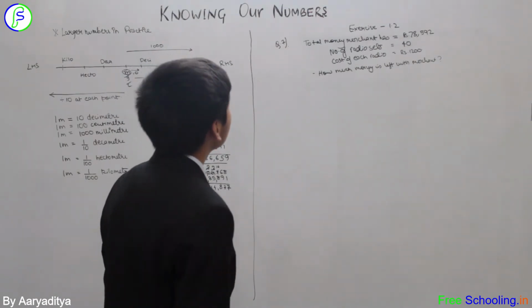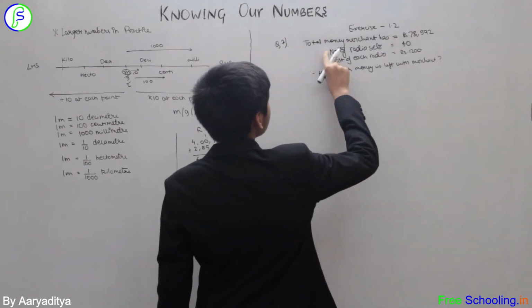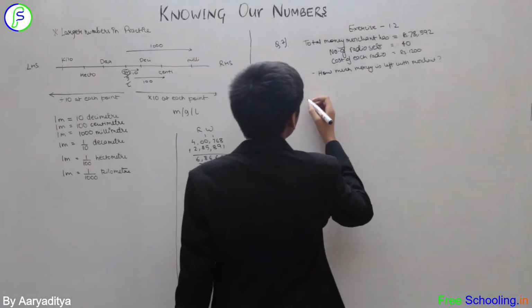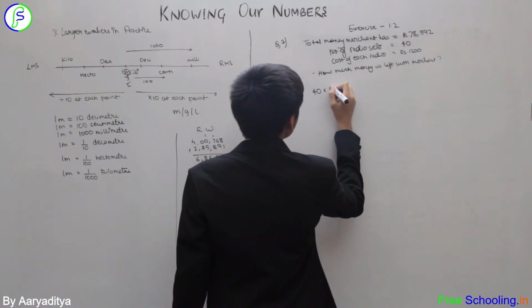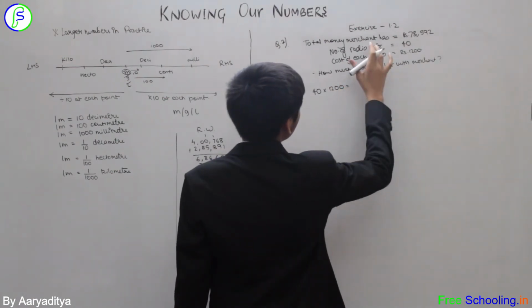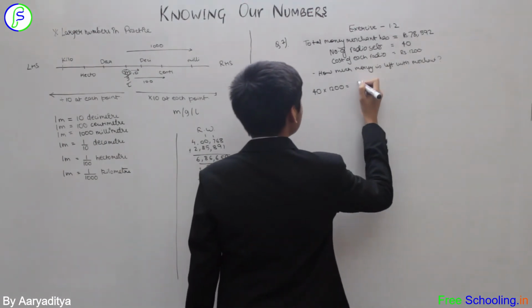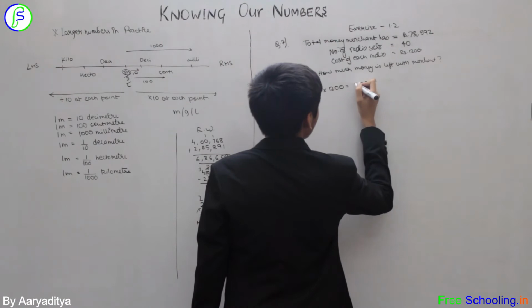Okay. So let's start. First we need to take out how much expenditure she is doing. So total expenditure done by her would be 40 into 1200. That would be the total cost of 40 radios. So what will be the result when we multiply these both? This would be 48,000.